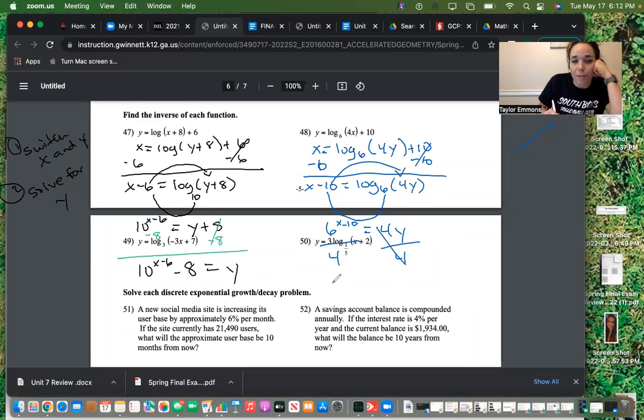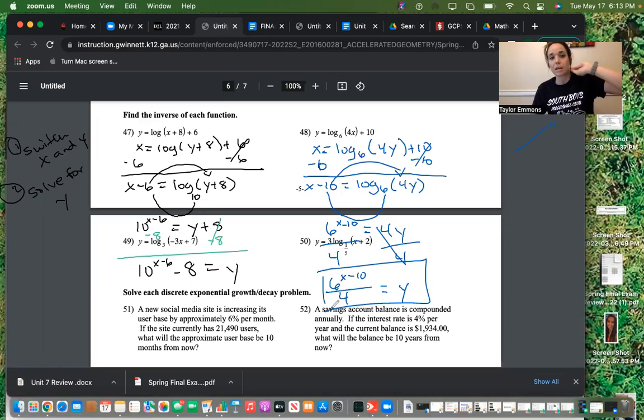That gives me 6 to the X minus 10, divided by 4, equals Y. Remember, you're not going to divide 6 and 4 because that's a base. Another way you might see this, as a side note, is 1/4 times 6 raised to the X minus 10. Same thing.